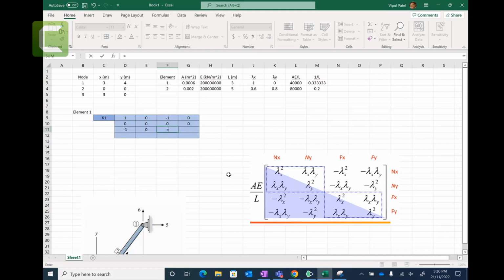Equal to lambda x square. And here equal to lambda x times lambda y. Perfect. And then equal to minus lambda x times lambda y, equal to minus bracket lambda y square, and then bracket over.